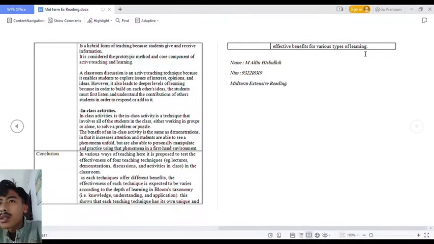And then demonstration. Demonstrations are activities that occur in the classroom as a means of showing how phenomena work. This technique is a little more active than lectures because students engage and see first-hand how the construct or phenomenon presents itself in the real world.